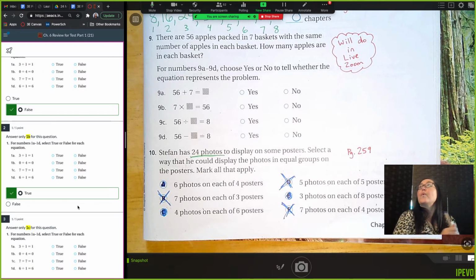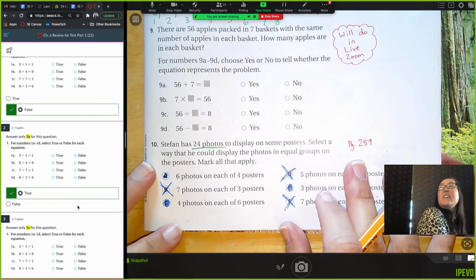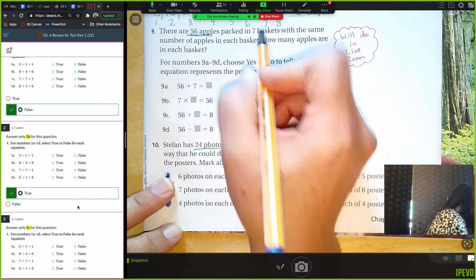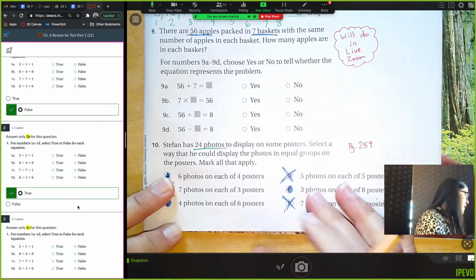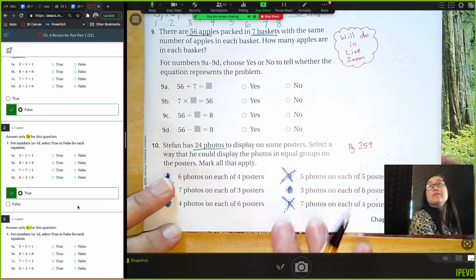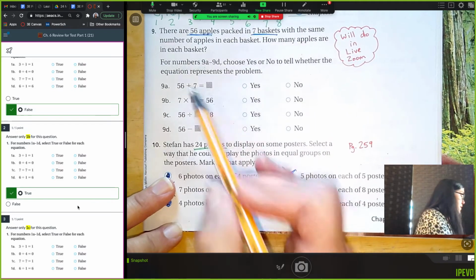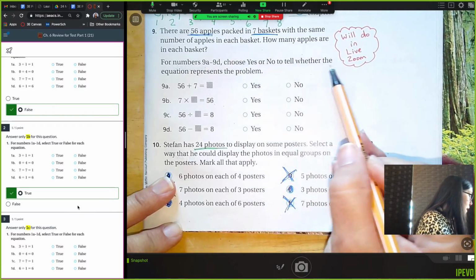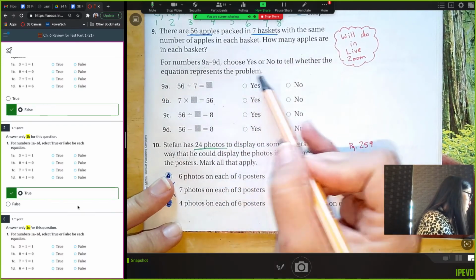So there are 56 apples packed in 7 baskets with the same number of apples in each basket. How many apples are in each basket? It says for numbers 9A through 9D, choose yes or no to tell whether the equation represents the problem.